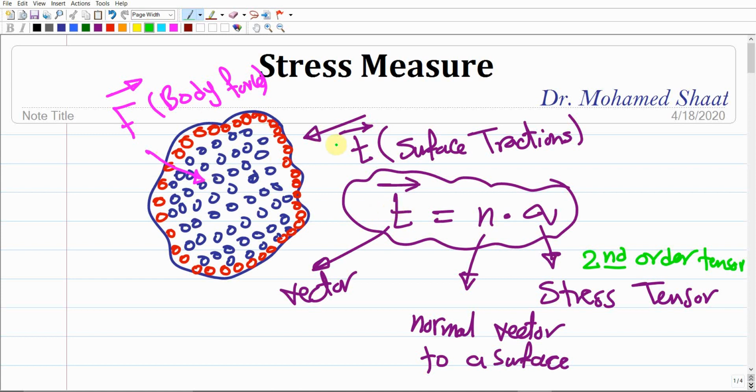If this continuum is subjected to some forces, these forces or surface tractions will definitely do something to this continuum. This something is going to be in the form of deformation. It's going to change the shape, change the dimensions, and rotate the continuum, as we discussed before. It means that this surface traction should make some kinematic changes to this continuum. But in the meanwhile, it will produce some stresses.